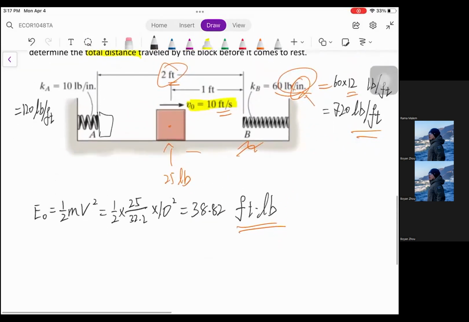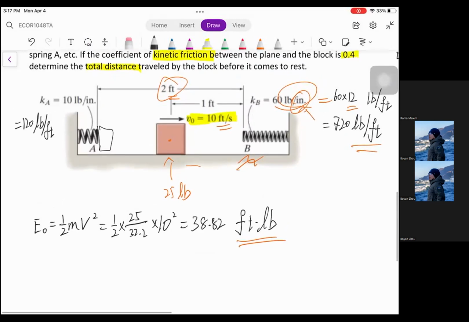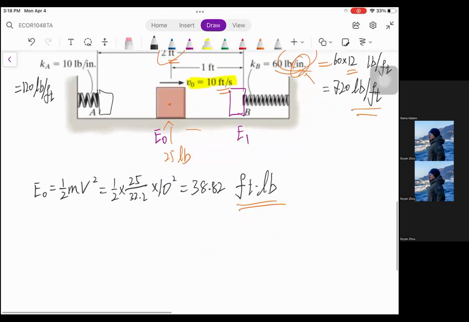The initial energy, E naught, is the initial point. Then let's go to the second one. First we're going to calculate, when the block is just touching the spring, how much energy is left. In this case, we can still consider that as an energy balance.